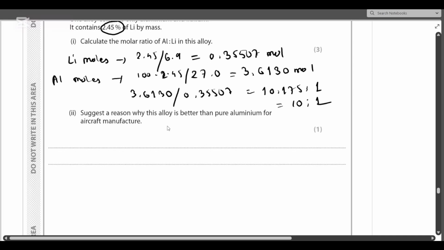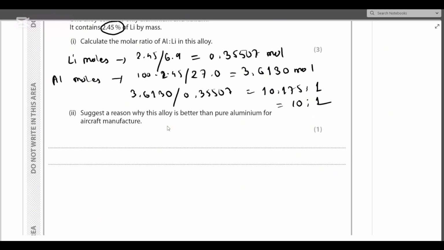So that's the reason why this alloy is better than pure aluminum for aircraft manufacture.